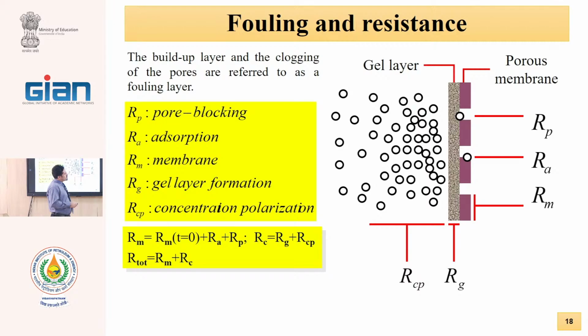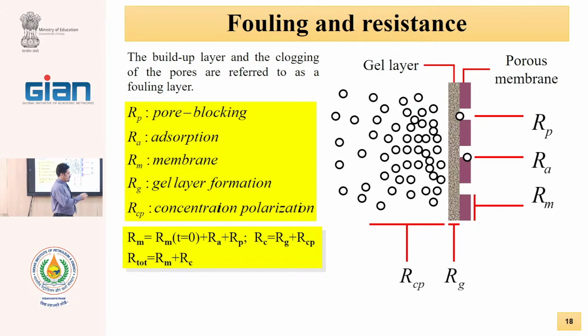We have an adsorption resistance, which reduces the pore size. We have a gel resistance or cake resistance. We have a concentration polarization resistance, which is due to the difference in concentration. We have a pore blocking resistance, which means the pores are completely or mostly blocked.